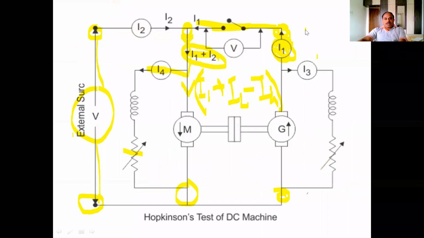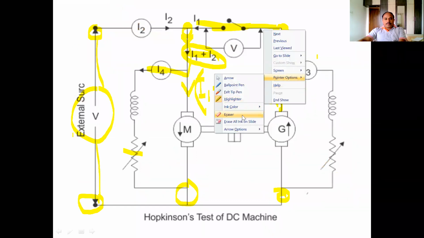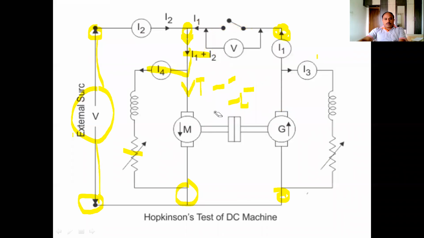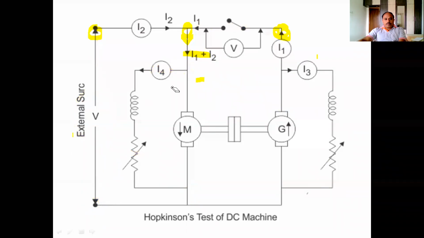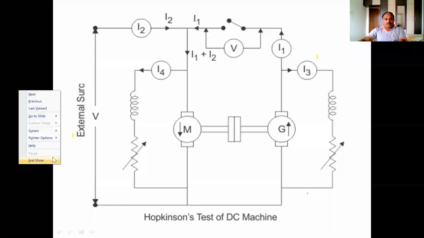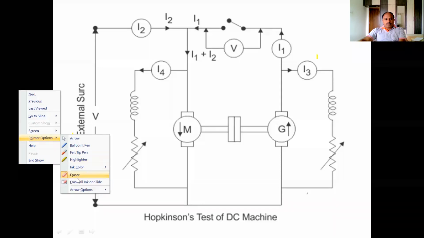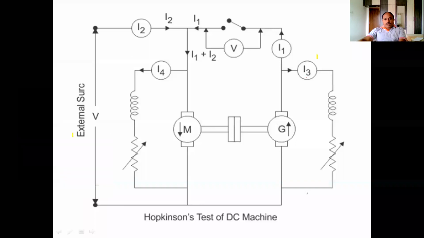The armature current of the generator is given as follows. The current taken by the field is I3. I1 is the current delivered by the generator. That means the total armature current is I1 plus I3.